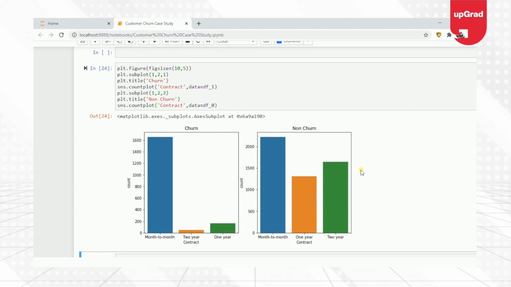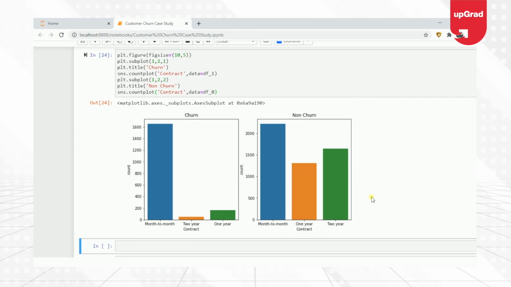Here we are supposed to observe the pattern in the contract of the people who have left the company, who have churned, and those who have not churned. If you observe here, the people who are in the month to month contract with the company are basically having a balance here.